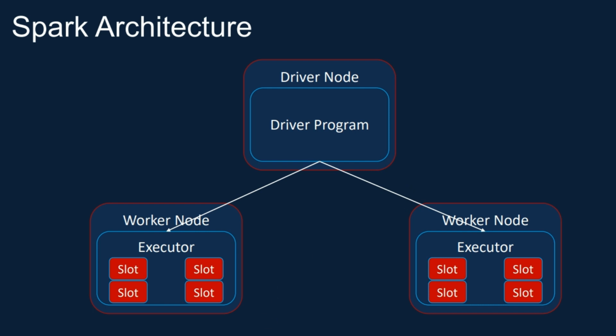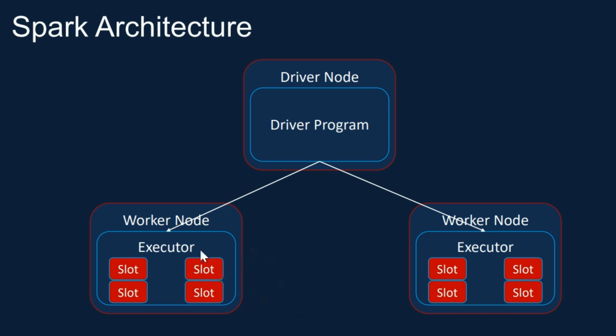And executors do all the data processing as well as reading the data and writing the data to external data sources. Each executor will have one or more slots. Here you can see these slots are just to execute the tasks coming from the driver program. These slots are generally equivalent to the number of cores present in the worker node.